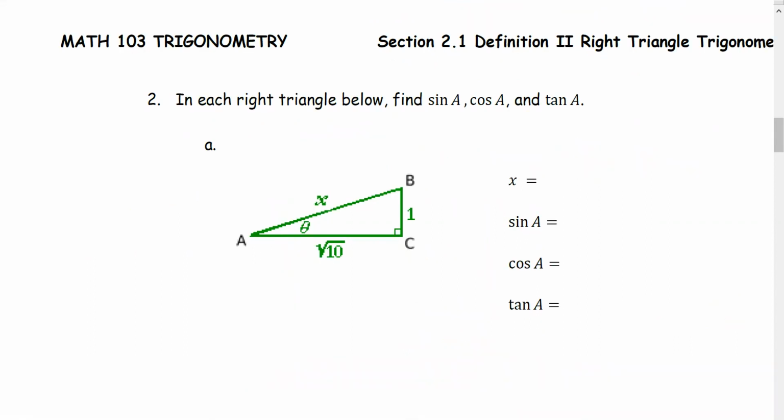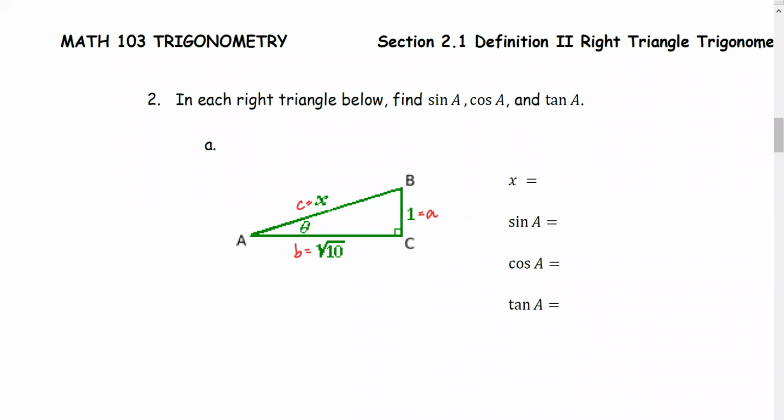Example 2. In each right triangle below, we find sine of A, cosine of A, and the tangent of A. From the given diagram, the opposite side of angle A, or angle theta, is 1. The opposite to angle B is square root 10, and the hypotenuse is x.